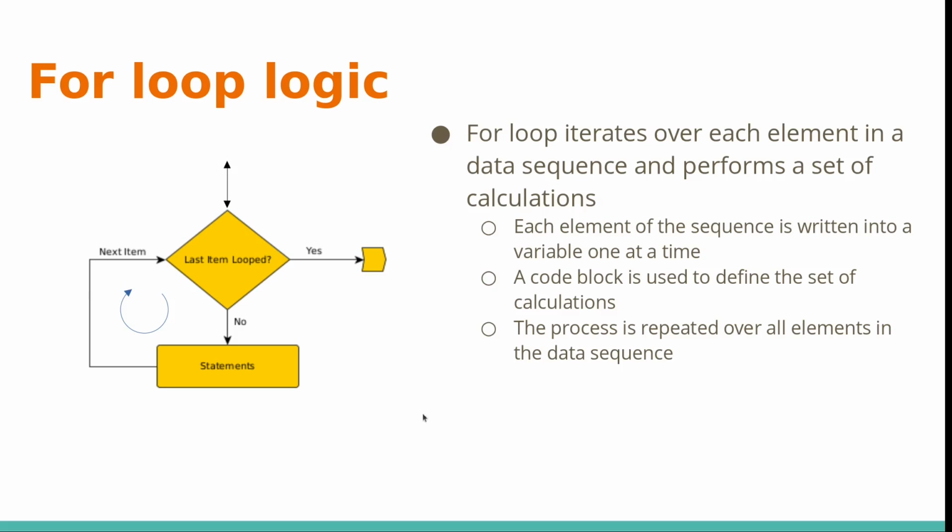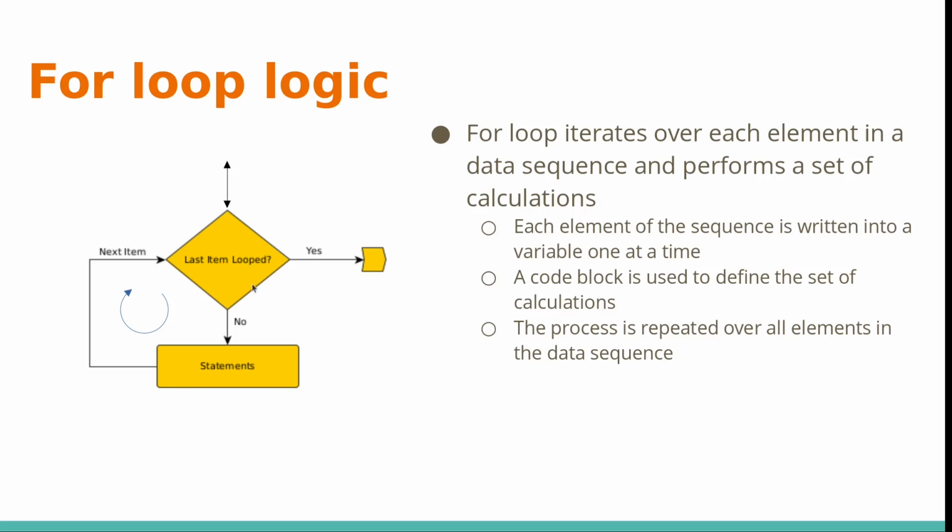And then once these statements are complete, it loops back and checks to see if all the elements in that data sequence have been subjected to these statements that are part of the code block of the for loop.